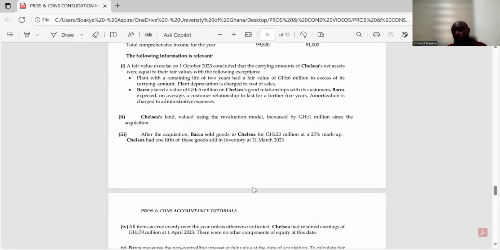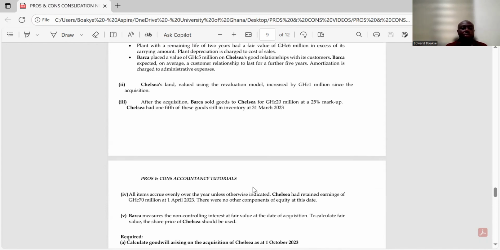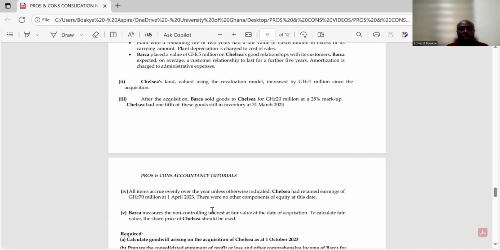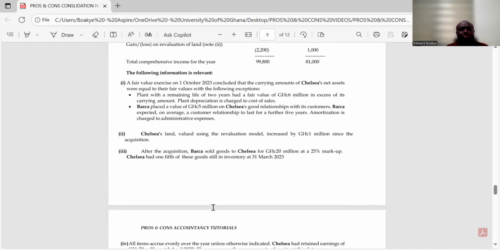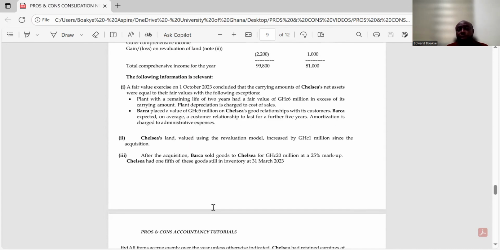If you look at it, there's nothing for Chelsea again. Okay, so it means we can close the net asset schedule. Let's go and close the net asset schedule.